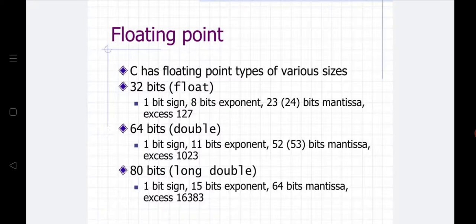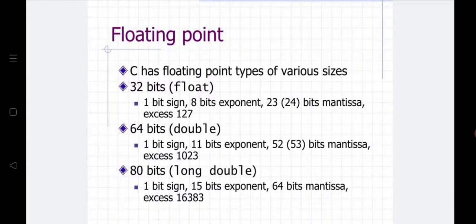Totally it acts as a 32-bit number. Whereas in double precision, which is 64 bits, the first bit is a single bit for the sign, 11 bits for the exponent, and 52 bits for the mantissa. So this is double precision.